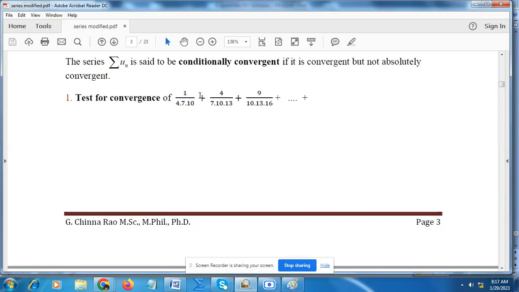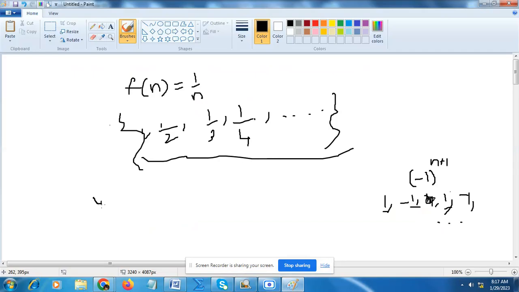So 1 square, 2 square, 3 square. So the numerator is n square. Okay. Now we go for the denominators. First you take the first term 4, the second term 7, and this is 10. So 4, 7, 10. Find out the nth term of 4, 7, 10.